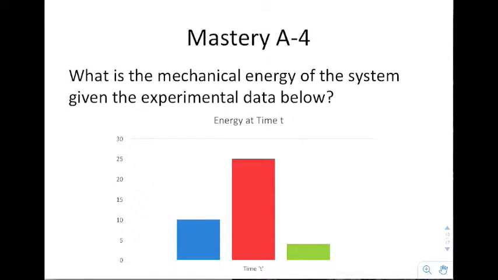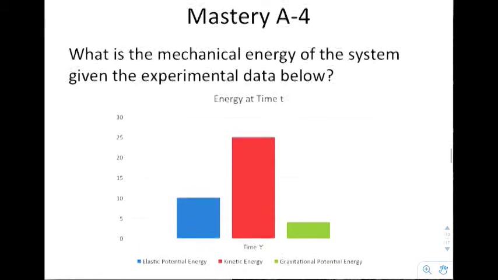Okay, what is the mechanical energy of the system given the experimental data below? So we have experimental data. It says at some sort of time t, these are the measurements that we have. So we have a gravitational potential energy that looks like 4. We have an elastic potential energy that looks like 10. And we have a kinetic energy that looks like 25.